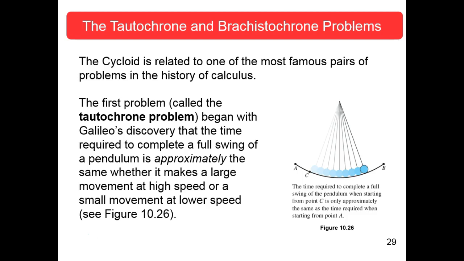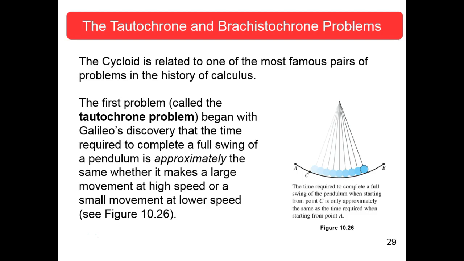If you were to take this pendulum here and raise it to B, the time that it took to go from A to B and B to A would be the same as if you only raised it here and it just went back and forth between here and C. The time would be the same. Why? Because when you raise it here, it's going to go faster. When you raise it here, it doesn't go as fast, but it'll make one swing in about the same time.